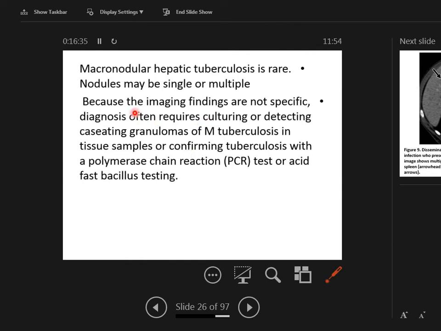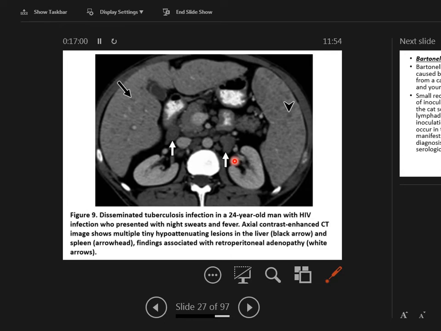Macronodular hepatic tuberculosis is rare. Nodules may be single or multiple, and the findings are not specific, just a small nodule. PCR and acid-fast bacillus testing may help in the diagnosis. It's just a nodule, hypo in CT, low signal in T1 and high in T2.